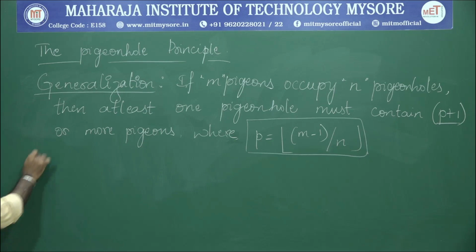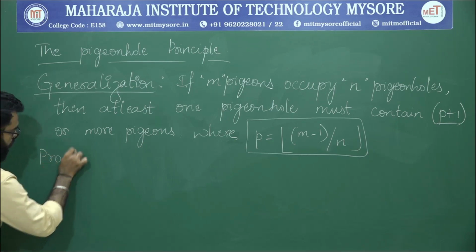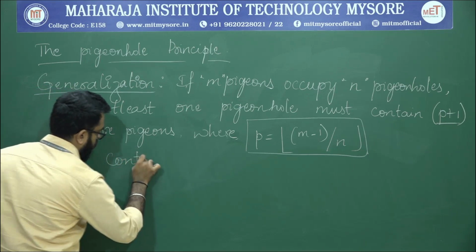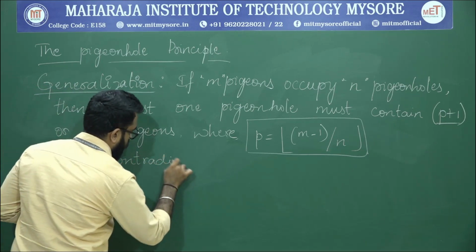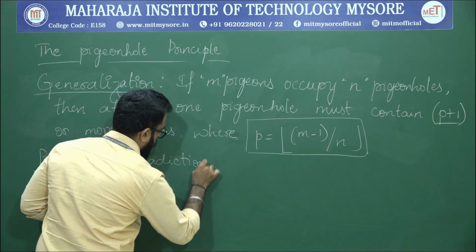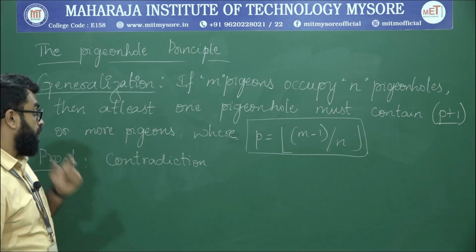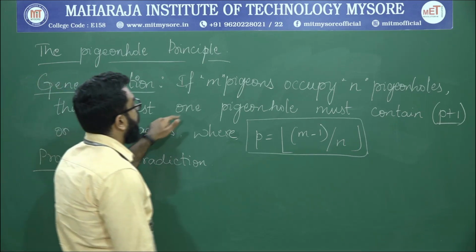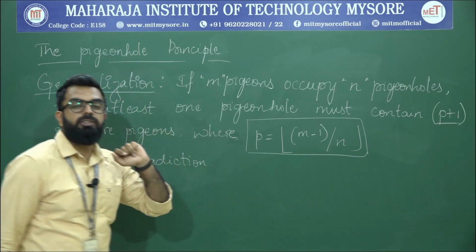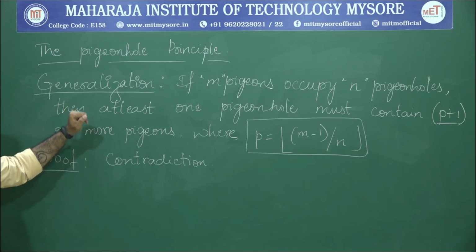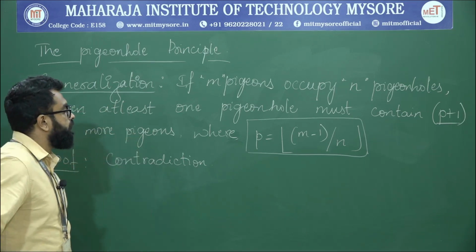To prove this, we'll use proof by contradiction. So what happens in a contradiction? We try to contradict whatever the assumptions are. So here we take the conclusion part as false. What is the conclusion part?